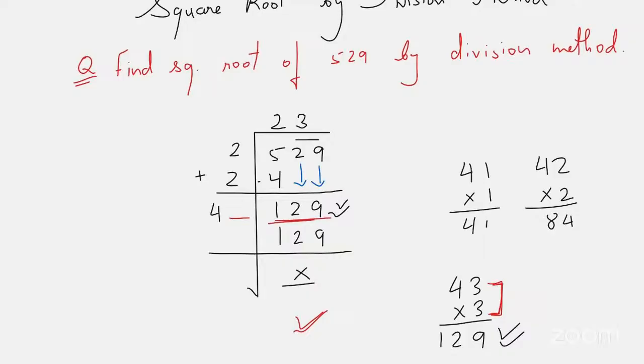If it is like 529 and more digits now, then a number smaller. So that is why I chose to put 3 in this blank. Then I will multiply 43 with 3 only to get 129, because when I did 43 into 3, I got 129. So I will get 0. And then I will get the root.